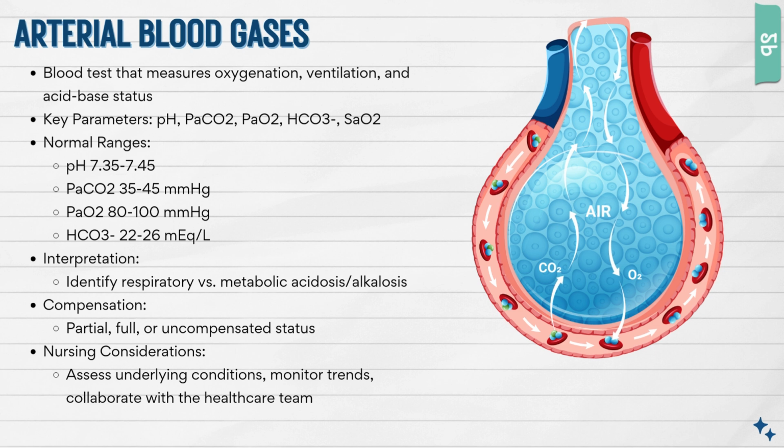High levels of PCO2 indicate hypoventilation, respiratory acidosis, and low levels of that suggest hyperventilation, which is respiratory alkalosis. HCO3 levels, normal between 22 and 26. That reflects the metabolic component. Okay, so deviations in these ranges help identify the metabolic acidosis or alkalosis.